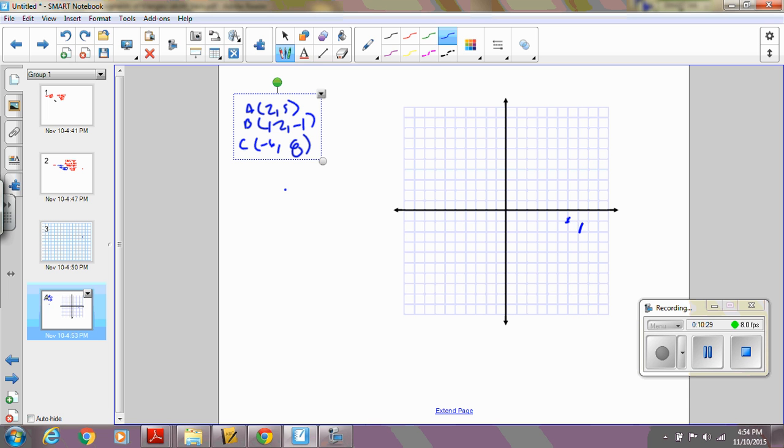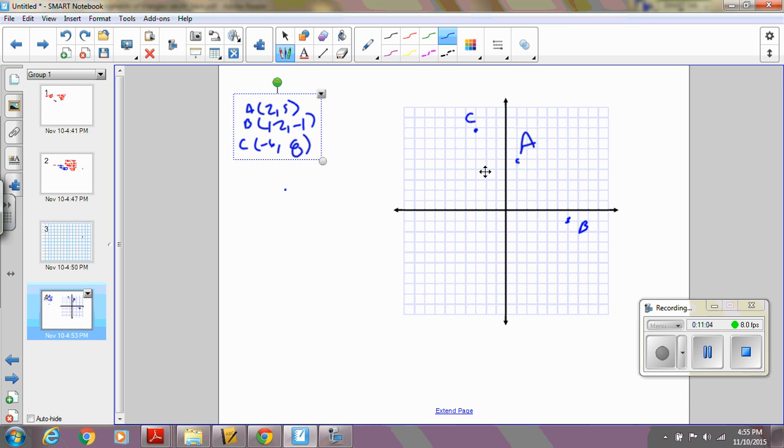So that's B. And then 2, 5 would be here for A. And negative 6, 8. 2, 4, 6, and 8 up. 1, 2, 3, 4, 5, 6, 7, 8 would be here.